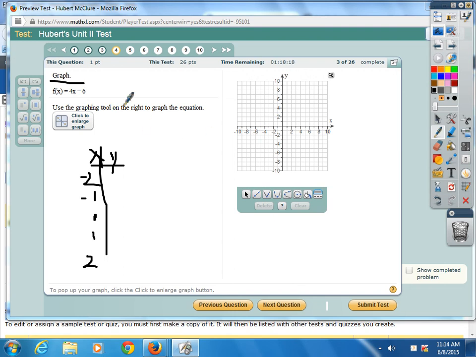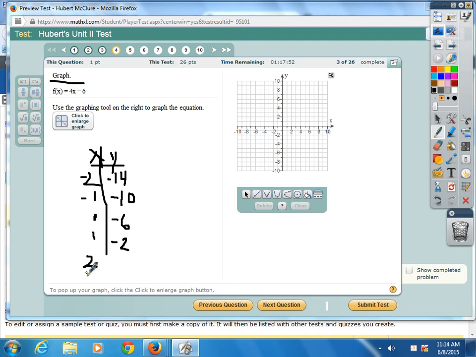It just says graph. So -2 times 4 is -8, minus 6 is -14. Negative 1 times 4 is negative 4, minus 6 is negative 10. 0 minus 6 is negative 6. 4 minus 6 is negative 2.